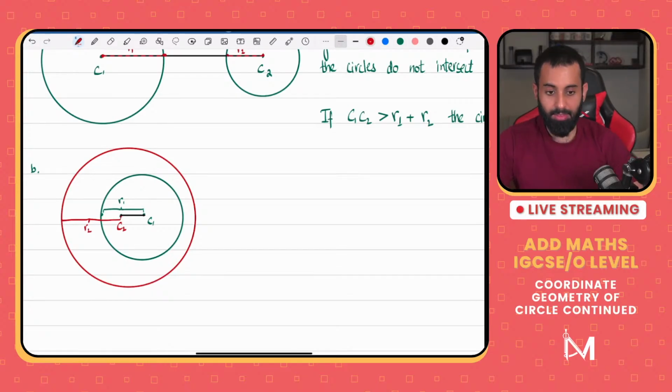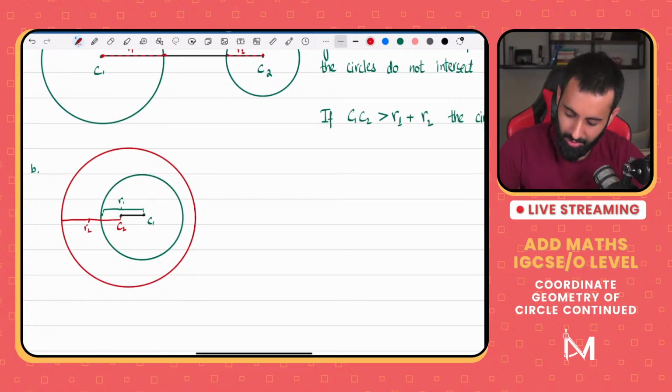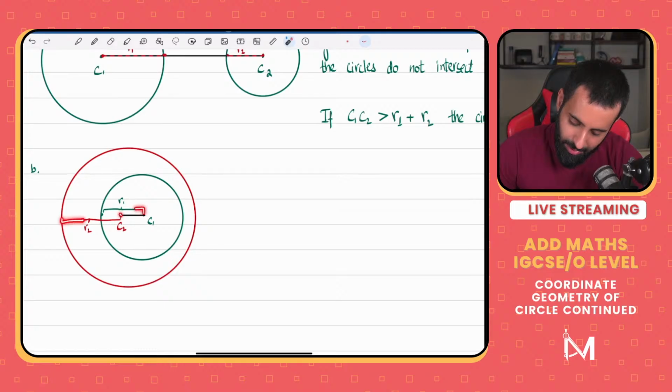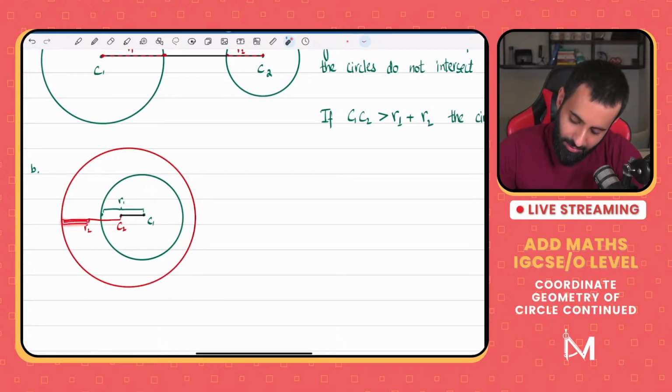Now, if I take the difference between the 2 radii, R1 minus R2, then we'll take the modulus of it, as in we only want the value without the negative sign. So that difference will be greater than the distance between the 2 centers.